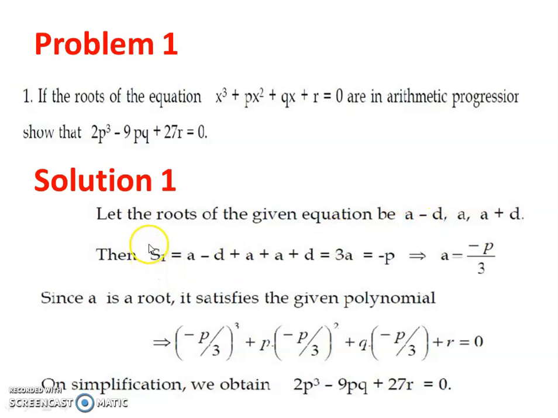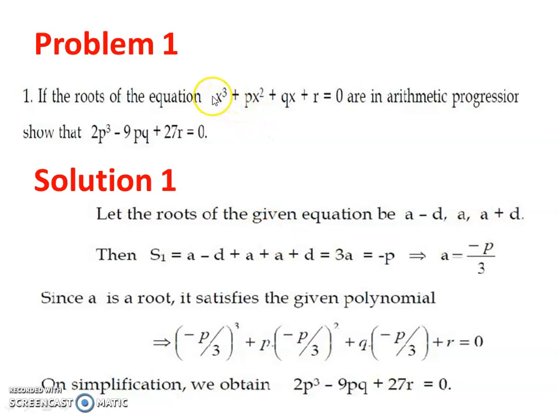the sum of the roots equal to a minus d plus a plus a plus d. Now adding these, minus d and plus d will be cancelled, you will get 3a. And we know that the sum of the roots is equal to minus b by a.